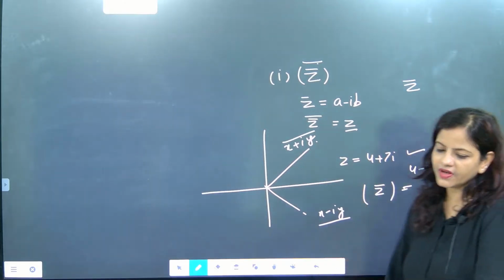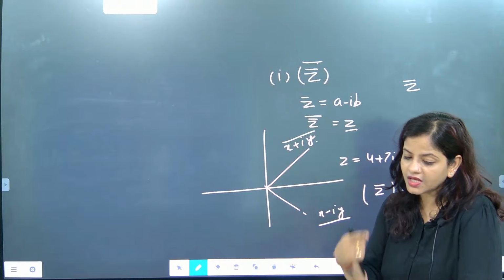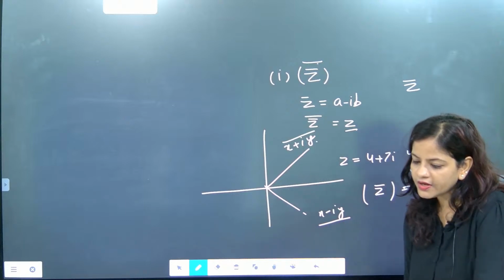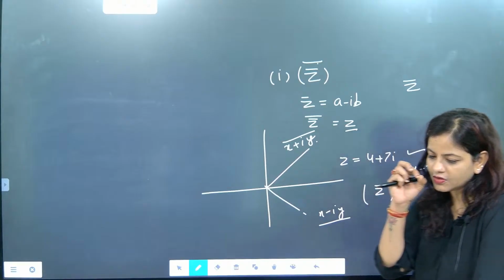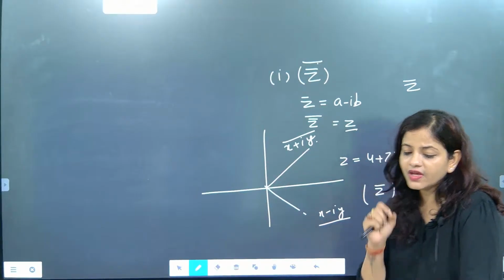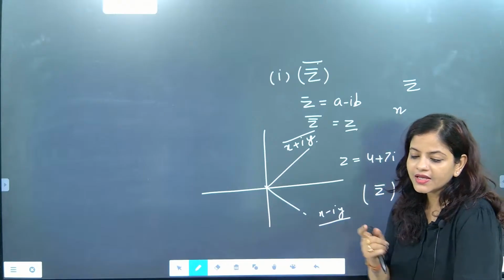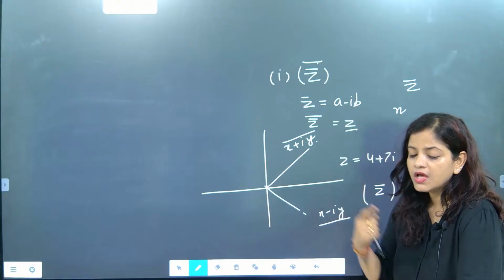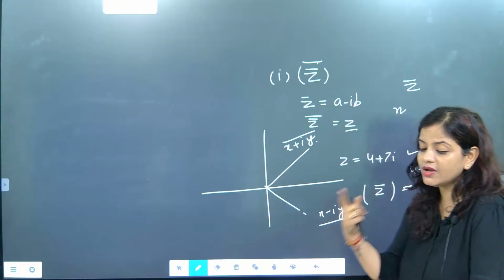Okay. So whenever we write conjugate, it will change the imaginary section. So here z itself, and if it is odd, conjugate of z. Absolutely correct, Siddharth. So whenever we are writing conjugate and taking n, n can be an odd number also, n can be an even number also.